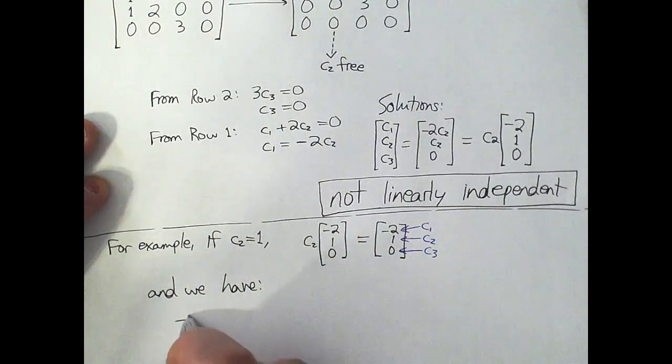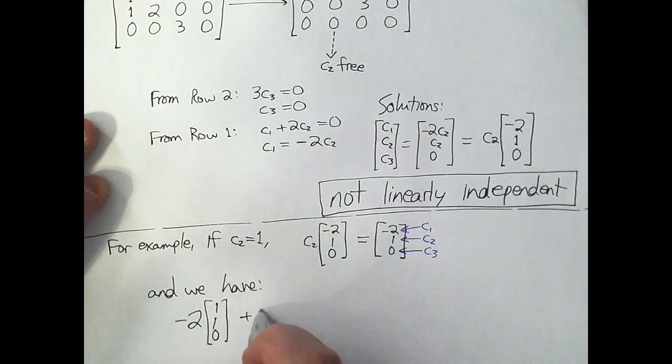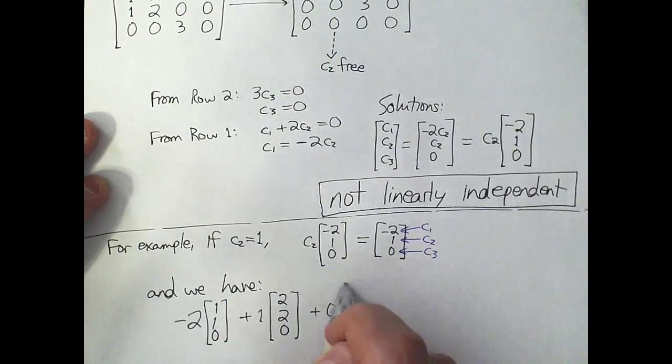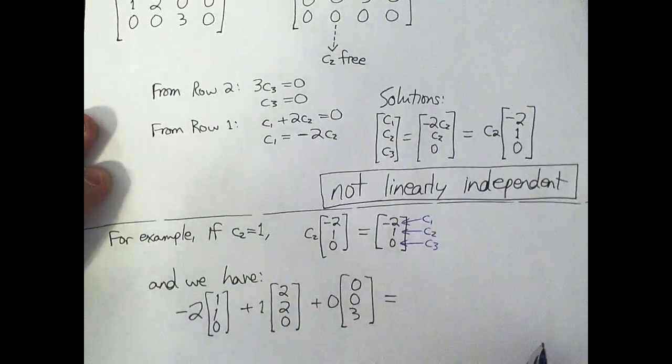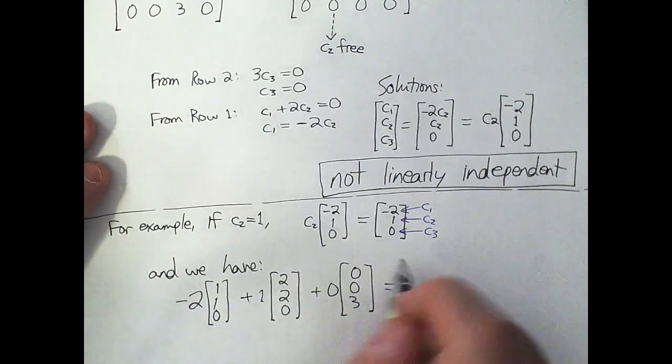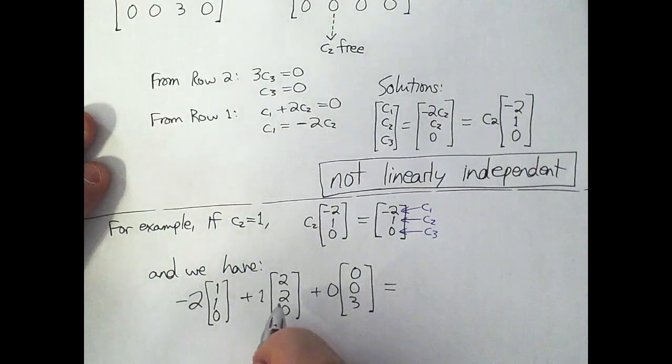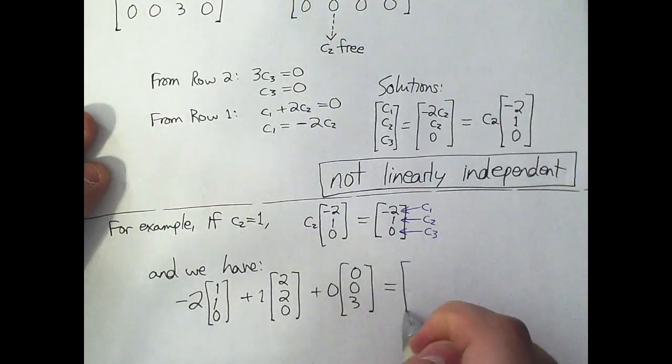So let's check this. Negative 2 times the first vector plus 1 times the second vector plus 0 times the last vector. You see what I just did here? C1 V1 plus C2 V2 plus C3 V3. Does this equal the 0 vector?